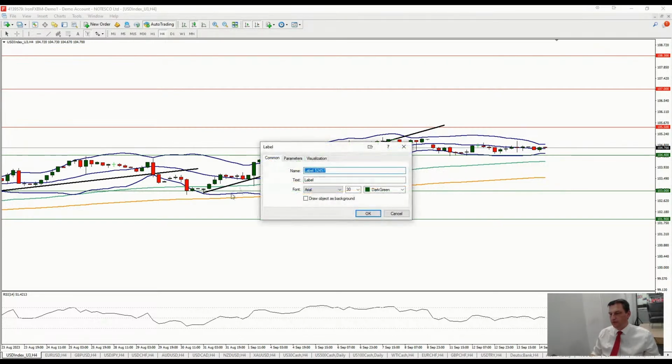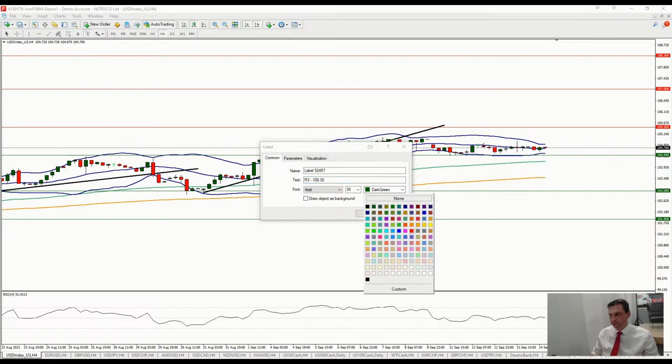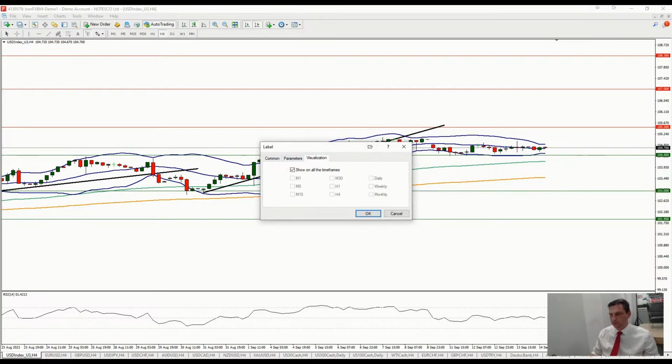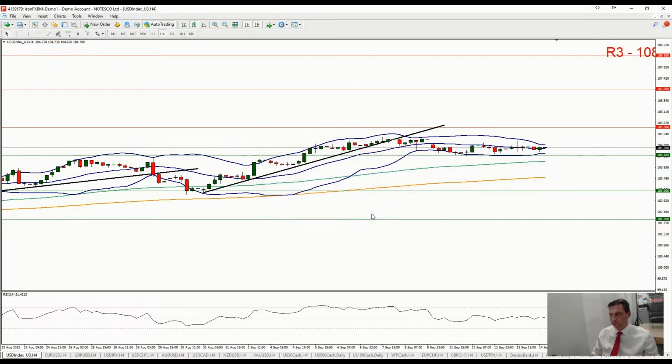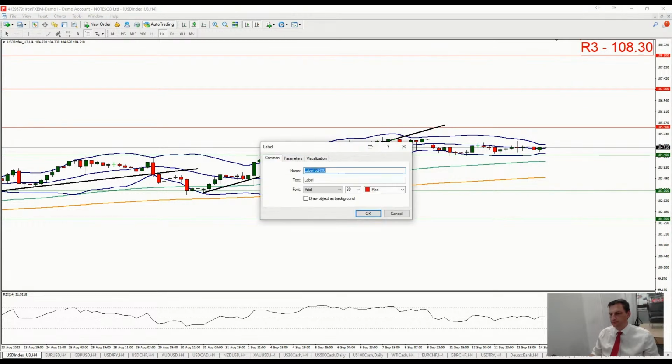Starting with the R3 at 108.30, and that should be in red. The R2 at 107.